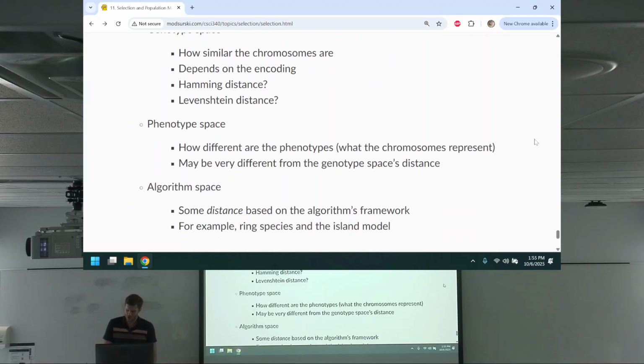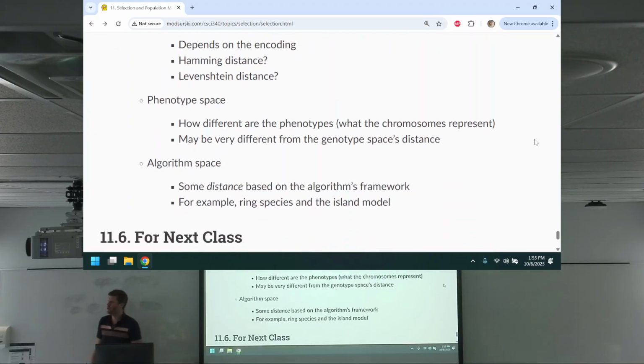Or maybe you should compare them in the phenotype space. Maybe their encodings are wildly different, but what they mean in the problem space is very similar, or vice versa. So it could be very different.